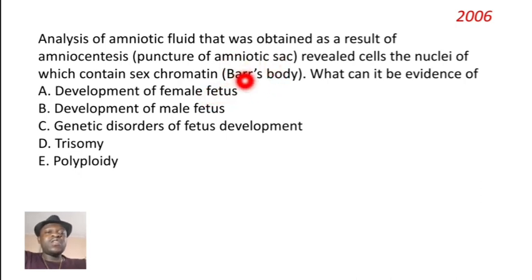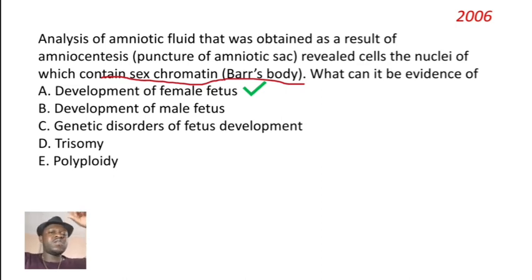So this is also known as the Barr body. You will see it in other diagnoses as well. I don't want to confuse you, but in this case, after amniocentesis, if you see cells with a Barr body, it means the fetus is going to be a female.